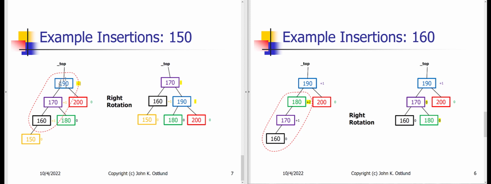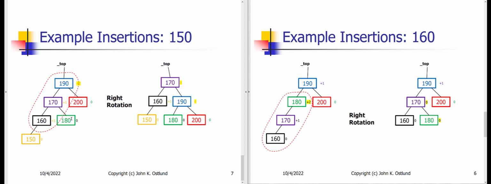All right, so doing a right rotation on the 190 brings the 190 down to the right of the 170. 170 is brought up in place of where 190 used to be. And notice that 150 and 160 follow 170 up. The only other change here is that 180, which used to be the right child of 170, is now relocated, I should say, to be the left child of 190.